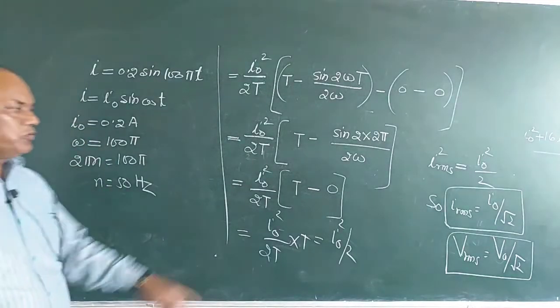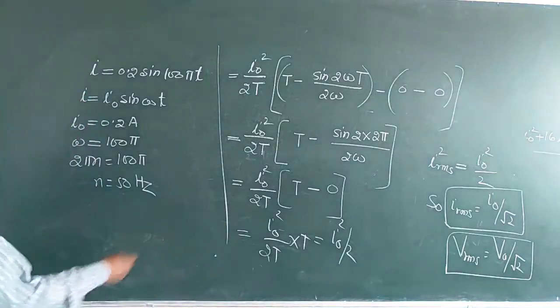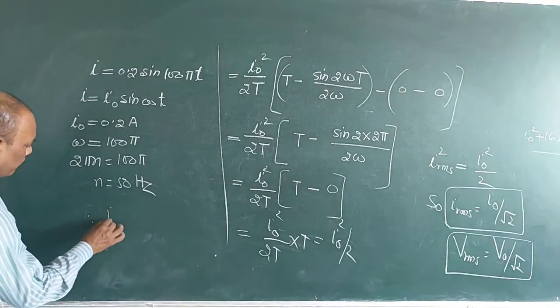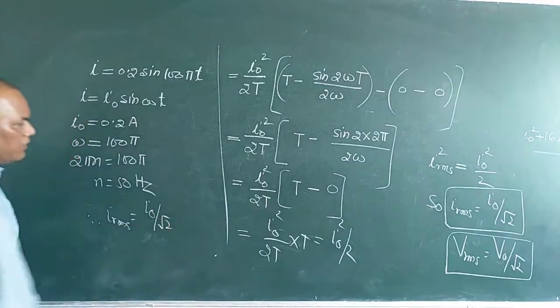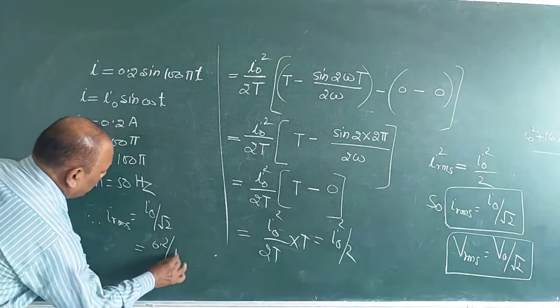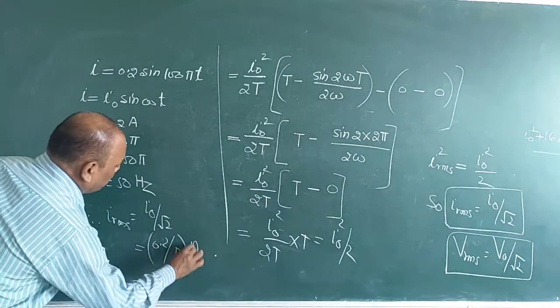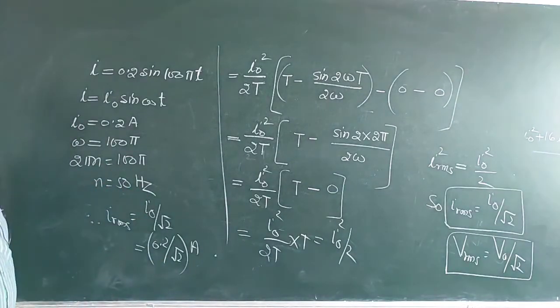But the virtual current, or the current which is flowing in the circuit, will be IRMS. Therefore, IRMS is equal to I0 by root 2. So this becomes 0.2 upon root 2 ampere. This is the virtual current which is flowing in the circuit.